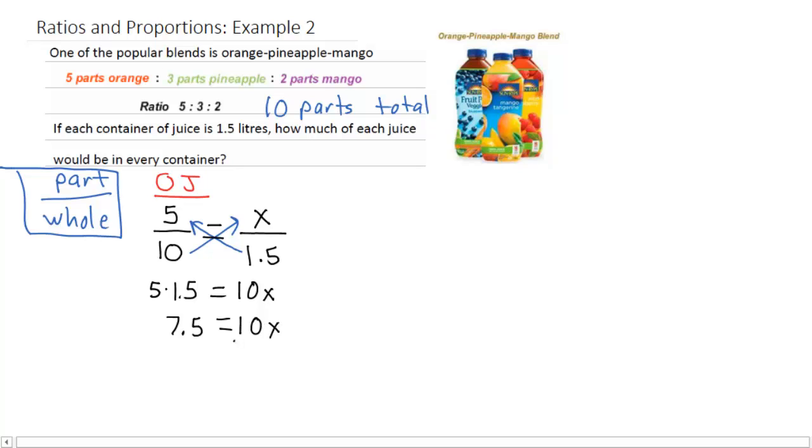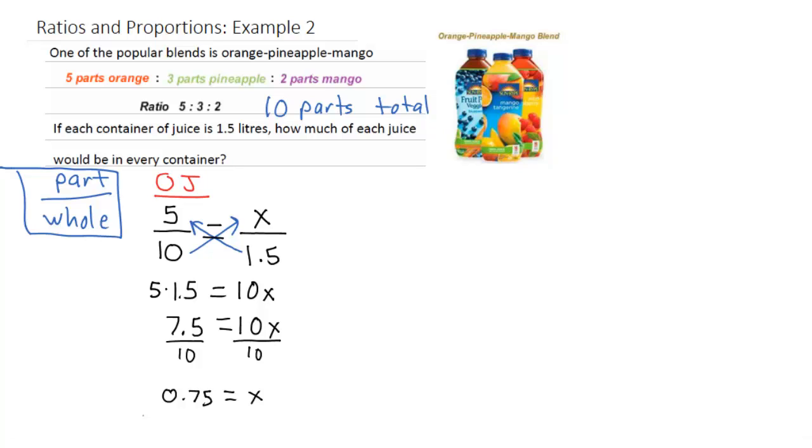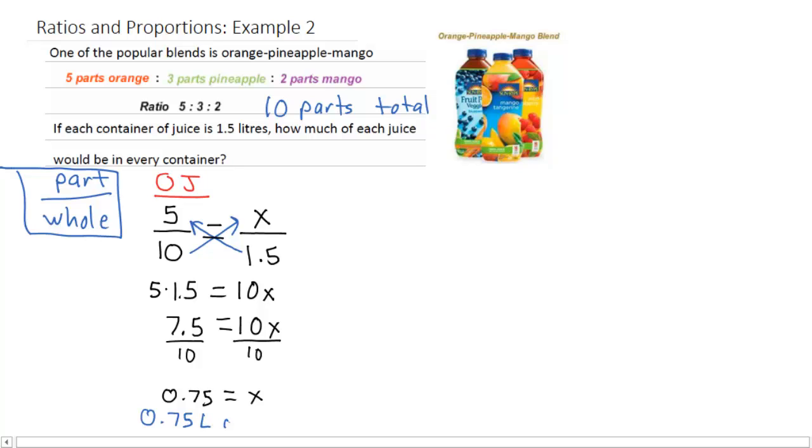Then, if we divide both sides of this equation by 10, we end up with 0.75 equals x. Since x was our amount of orange juice in the container, we can say that there are 0.75 liters of orange juice in this particular blend.